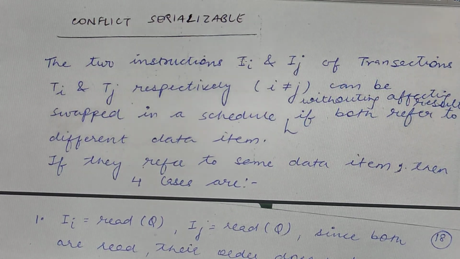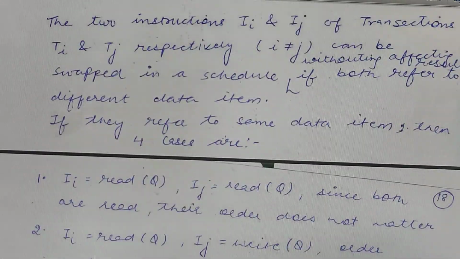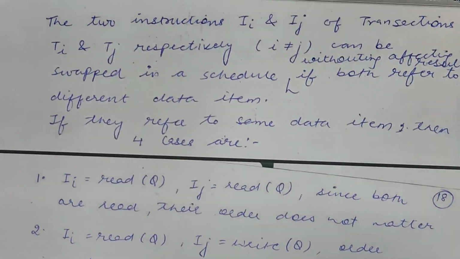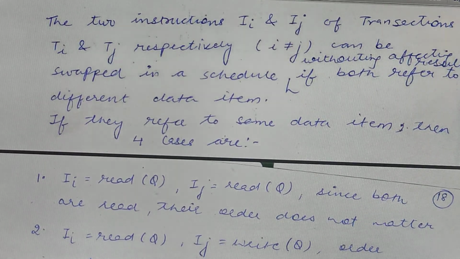Now, suppose I can swap these instructions without affecting the result. We have four different cases. What can these instructions be? It can be the scenario that both the instructions are read instructions: T1 is executing a read instruction, and T2 is also executing a read instruction.